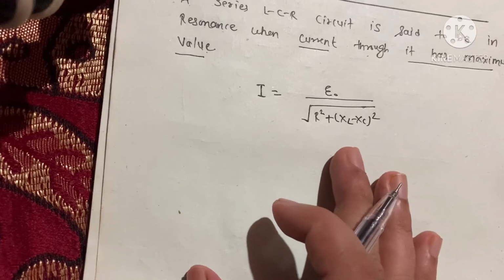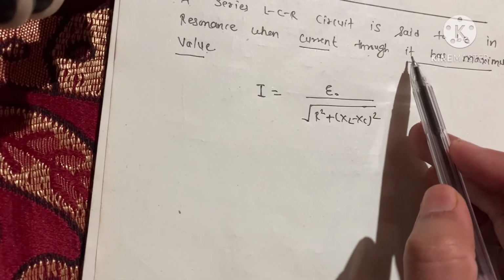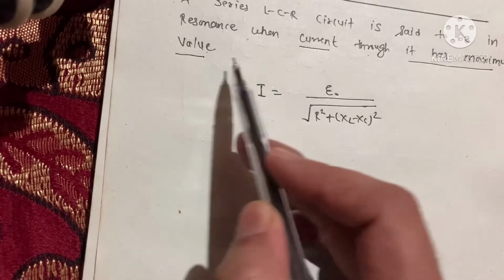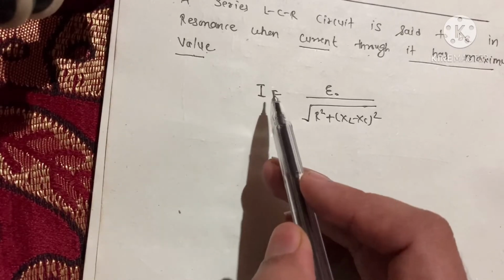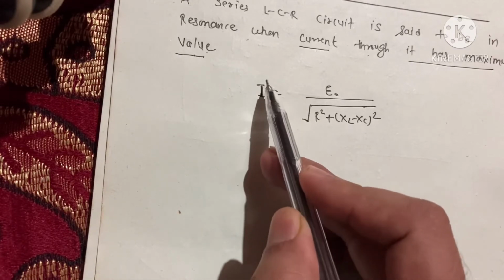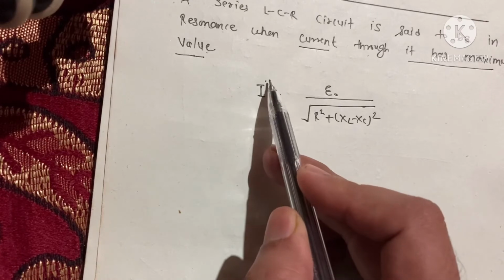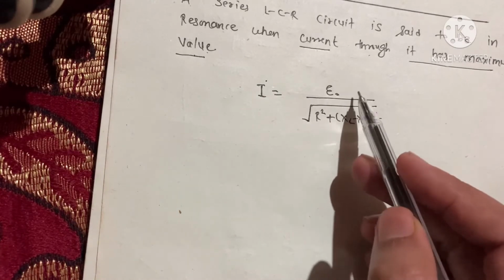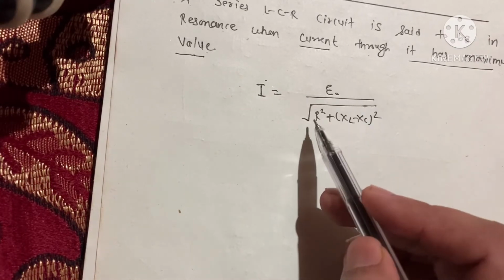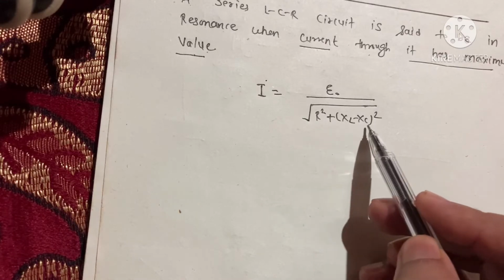This is the equation for current, and as per the definition of resonance, it has its maximum value. For the current to be maximum, it depends on E naught and the denominator.